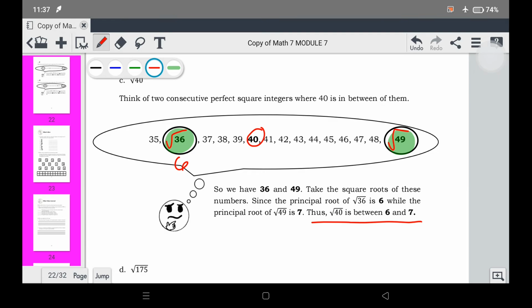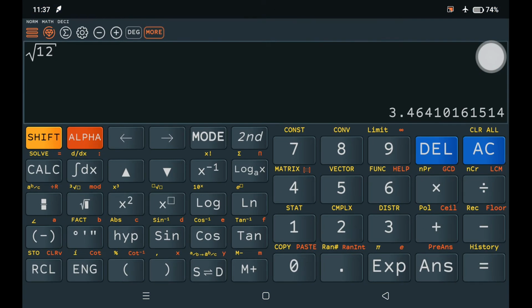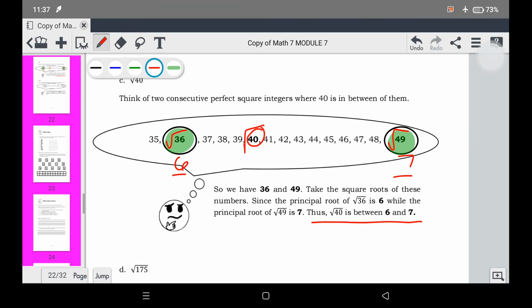The square root of 49 is 7. So the value lies between 6 and 7. Let's take the square root of 40 in our calculator. The square root of 40 is equal to 6.32. Of course, 6.32 is between 6 and 7.